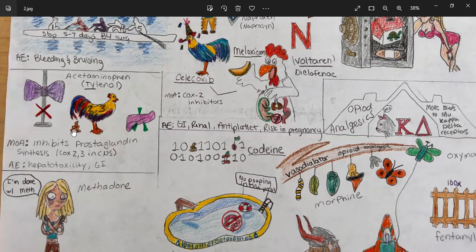We have a big red X here because we are inhibiting prostaglandin synthesis, which is COX-2 and 3 in the CNS. So here we have another chicken, another cock, and it has the numbers 2 and 3 written on it for inhibiting COX-2 and 3. Adverse effects are hepatotoxicity and GI, so the chicken food.